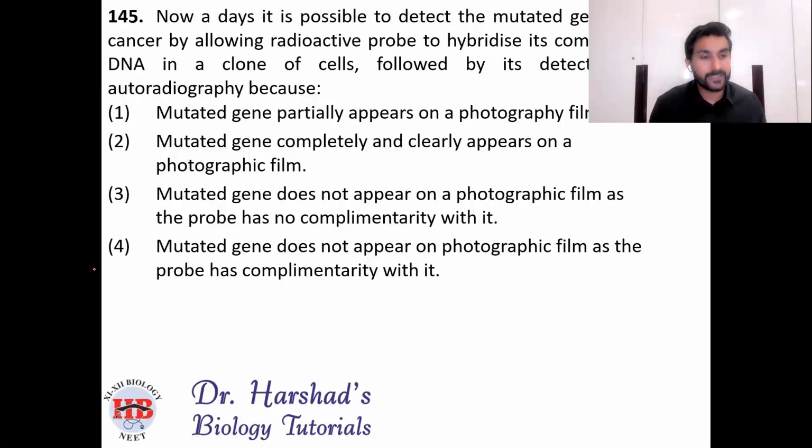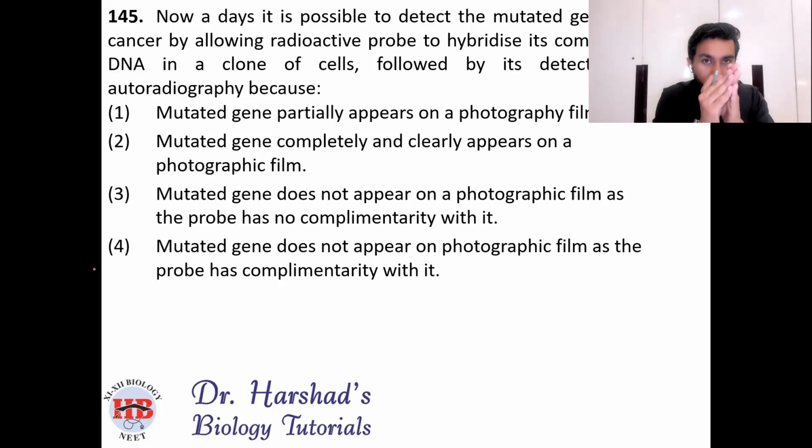Nowadays, it is possible to detect the mutated gene causing cancer by using a radioactive probe. Now, this is an example of the molecular diagnosis part of the biotech chapter, whereby we were using probe DNA to check the mutated gene. If you remember, the probe DNA was complementary to the normal gene. When the normal gene becomes mutated, the probe DNA is no longer complementary.